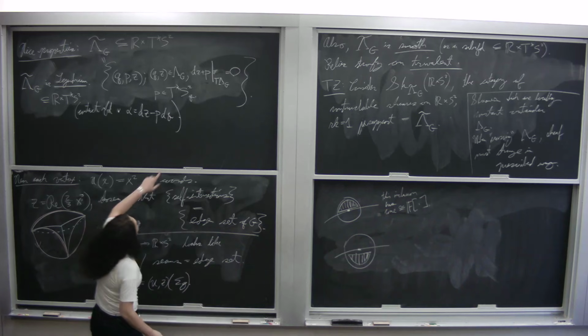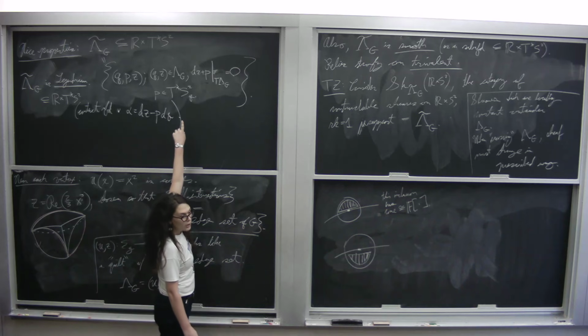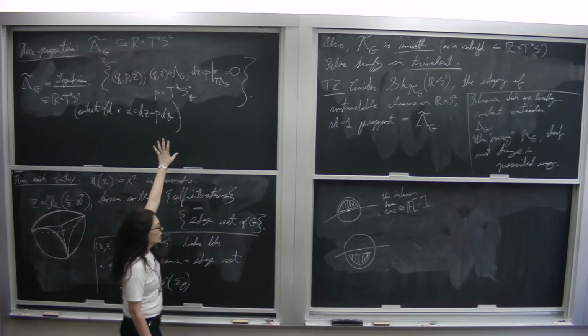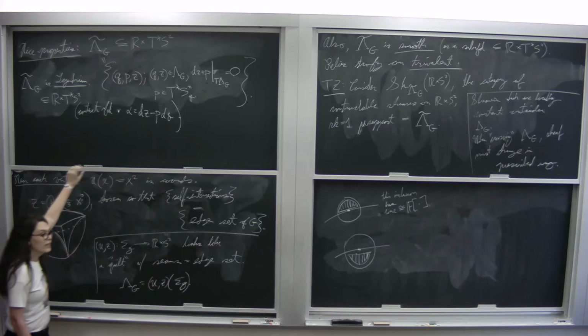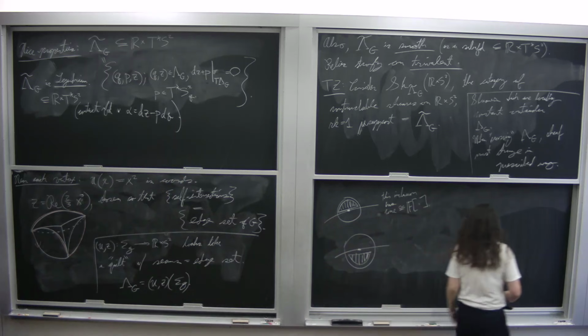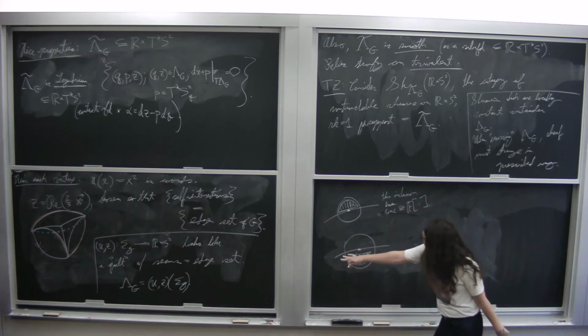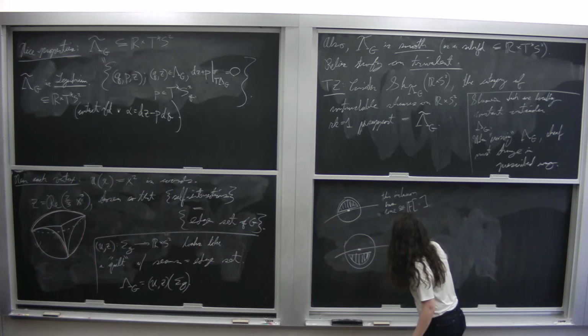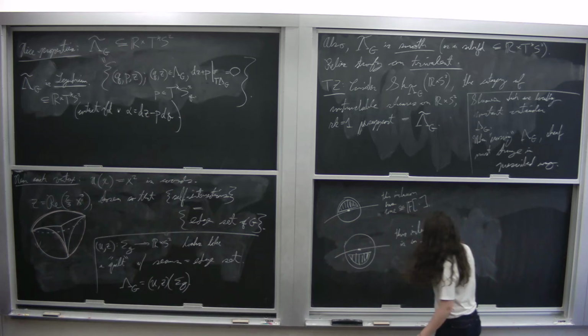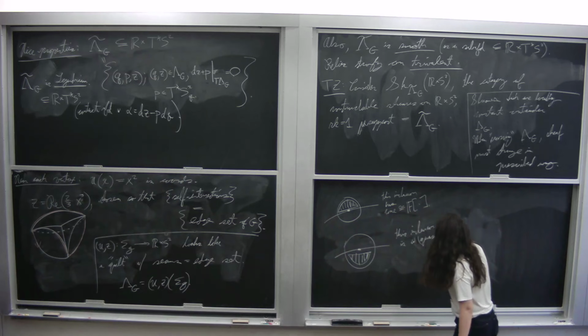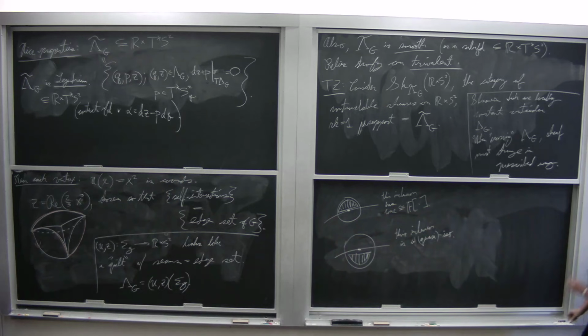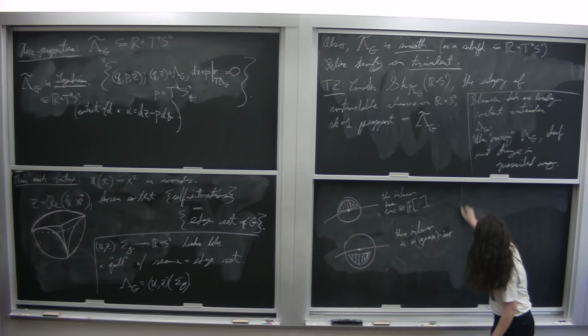Because we're choosing dz to always be oriented positively, I am actually distinguishing positive z and negative z here. And so this inclusion is, I'll say, a quasi-isomorphism, which basically means that I can invert it.